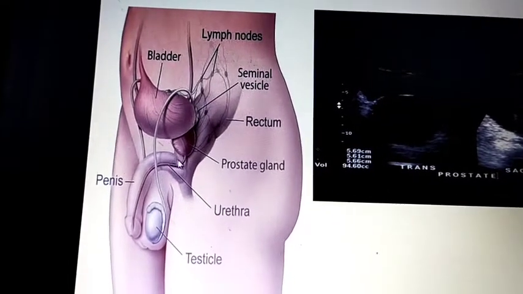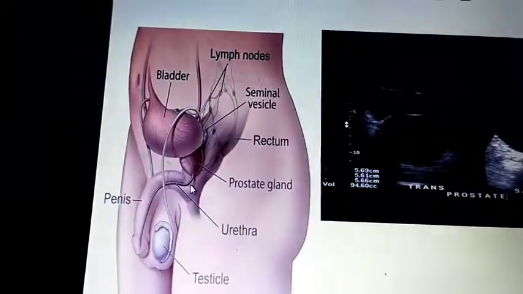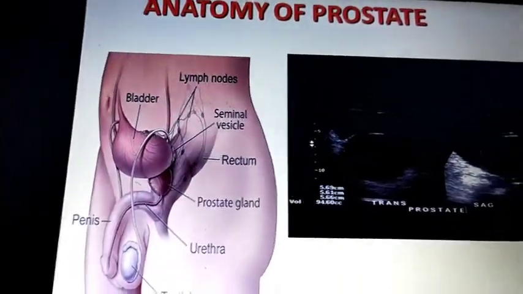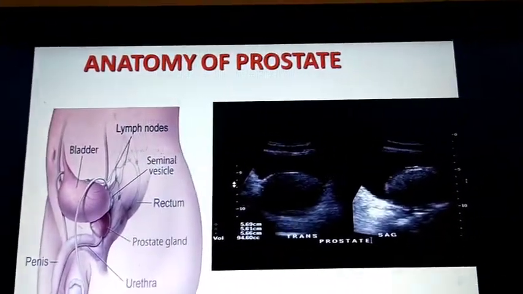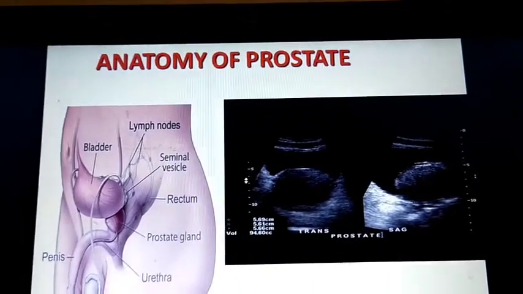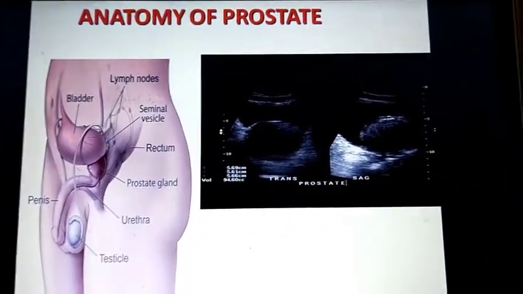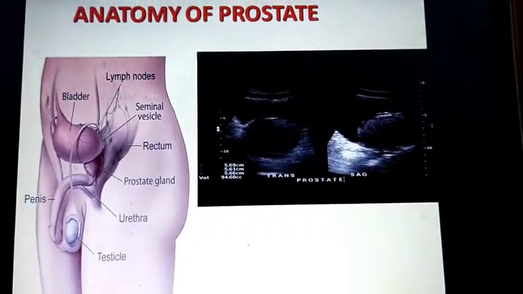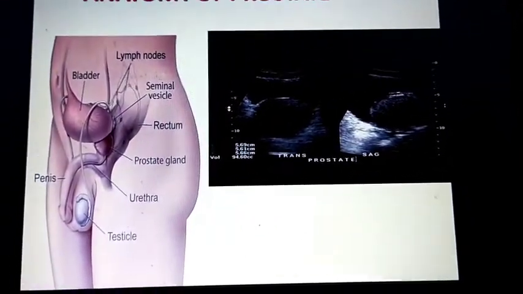And it surrounds the urethra. The urethra that is surrounded is called the prostatic urethra. I already explained the bladder, the neck of the bladder, and the urethra also, including the prostatic urethra.